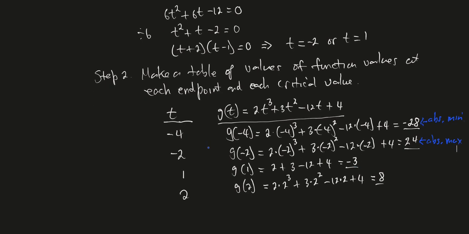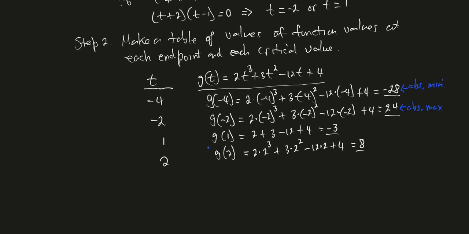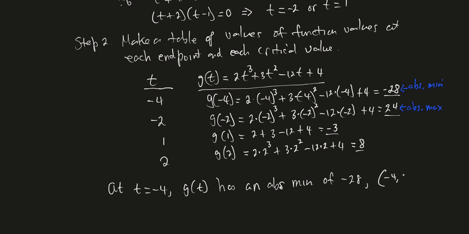So again, the table is just a tool, so we have to give a summary of what this table tells us, and this is what we could say. At t equals negative 4, g of t has an absolute minimum of negative 28. We could actually put the ordered pair: negative 4 comma negative 28 is the absolute minimum of this function on this interval.